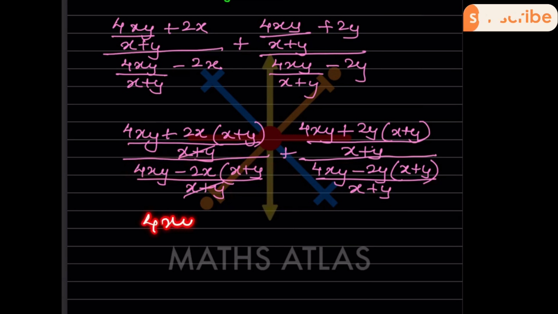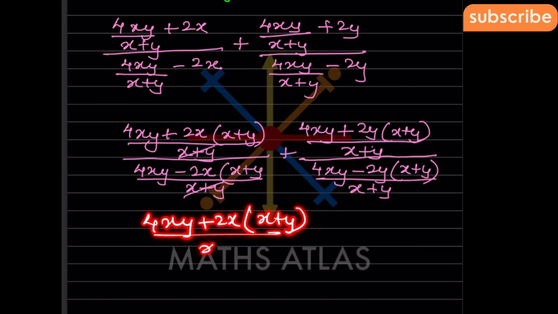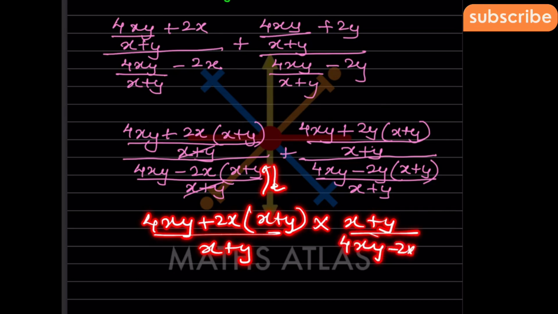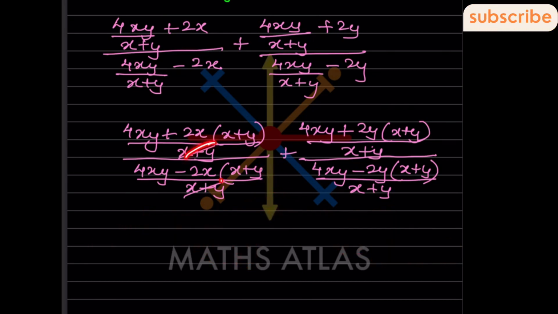See here, 4xy plus 2x into x plus y divided by x plus y. Again this part into x plus y, because this is going to get flipped over, divided by 4xy minus 2x into x plus y. So what happens here? This and this is going to get cancelled. Instead of doing this step, we can directly cut these steps. So same it will be for here. So we are going to cancel out.